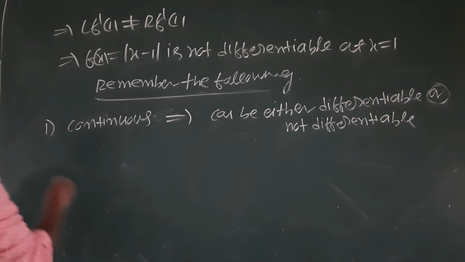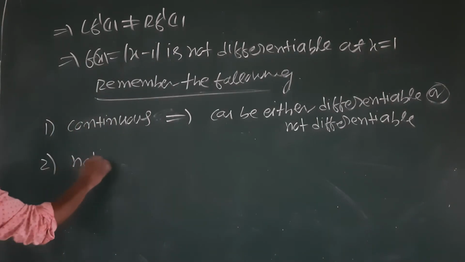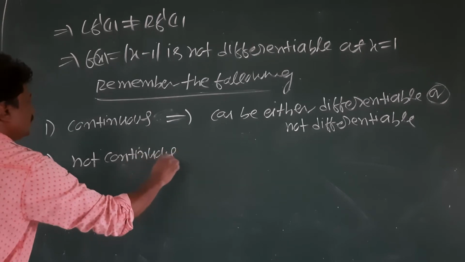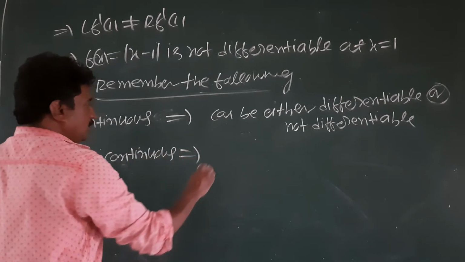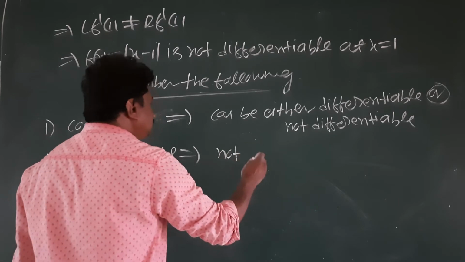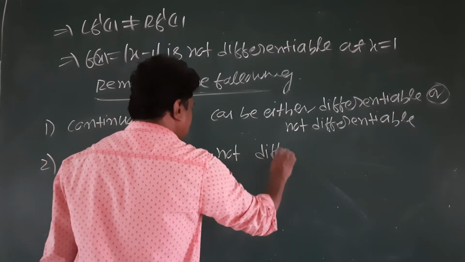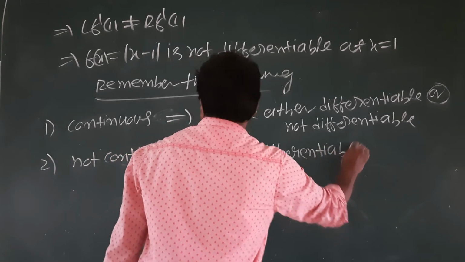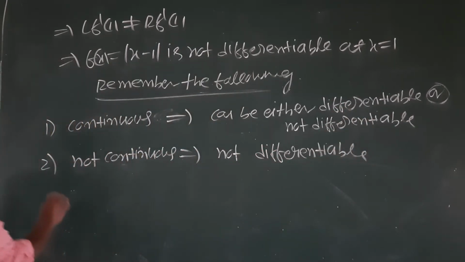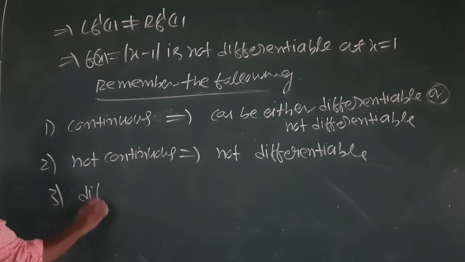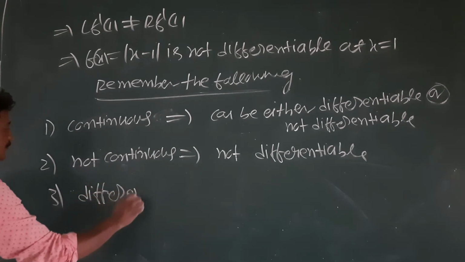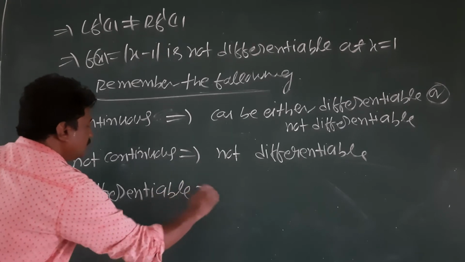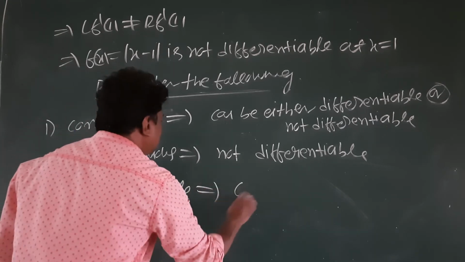Second point, not continuous implies not differentiable. Third one, differentiable implies continuous.